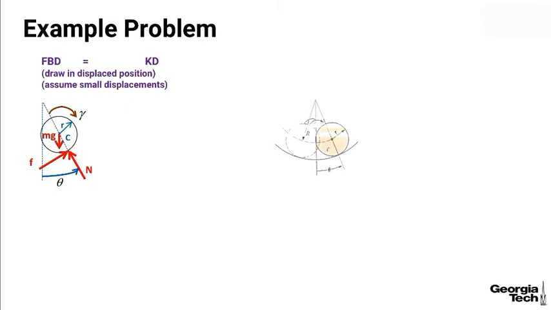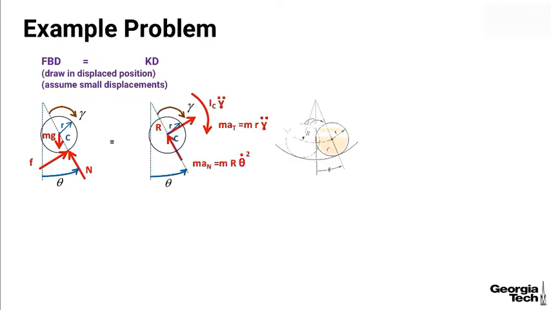You're going to have your weight term down, mg at the mass center. We're going to have a normal force up from the surface, and we're going to have a friction force so that the sphere can roll without slipping. And here is my kinetic diagram.